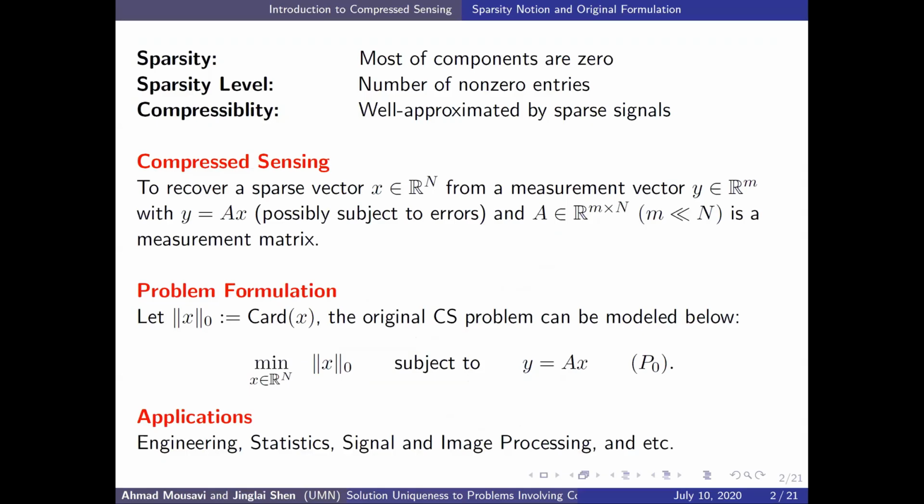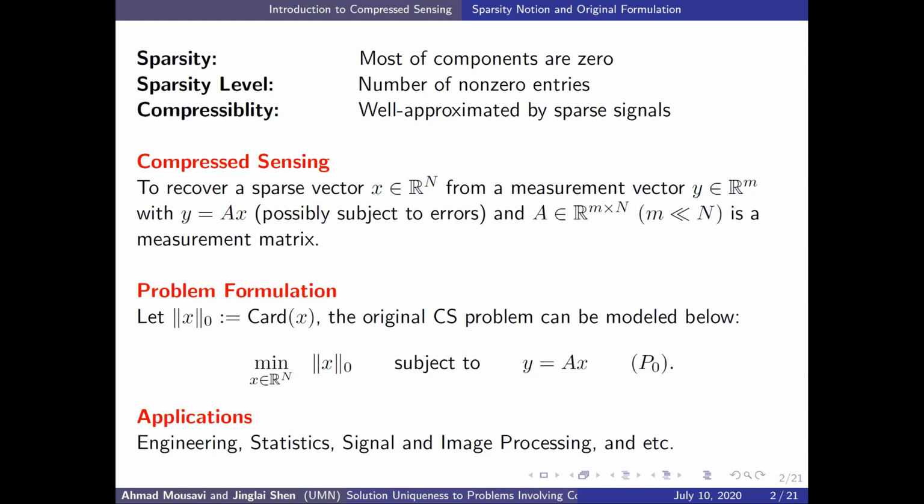So I'm going to talk about compressive sensing to motivate the problem. And if these things are introductory, I am sorry, but I will be fast. So sparsity is, for a vector, most of the components to be zero, and a sparsity level is the number of non-zero elements.